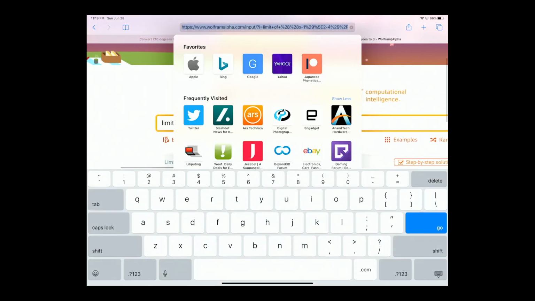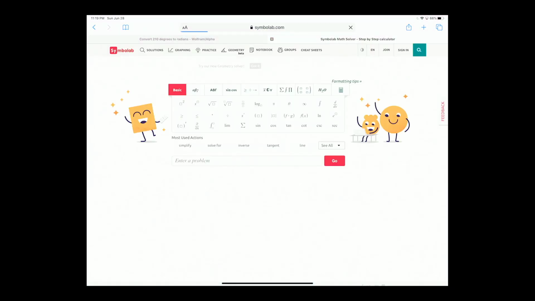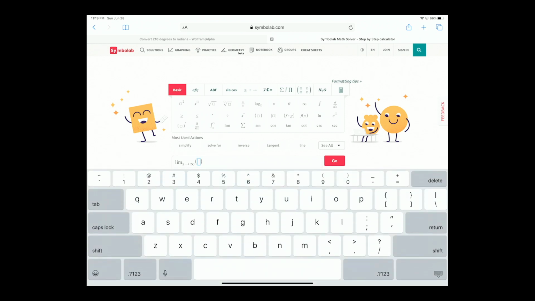Okay, if you want it to do work for you, you can go to Symbolab. Now, Symbolab is really hard to use on a laptop or iPad. Sorry, on a laptop it's easy. This is a little bit harder to do, but if I try here, we got a limit, x to 3. Okay, and then this is where it's hard to type in. I need a fraction.